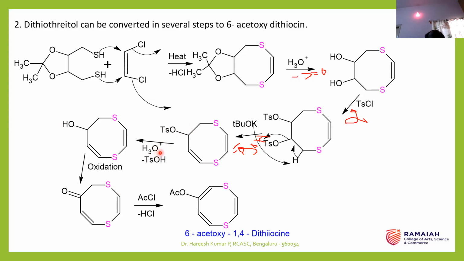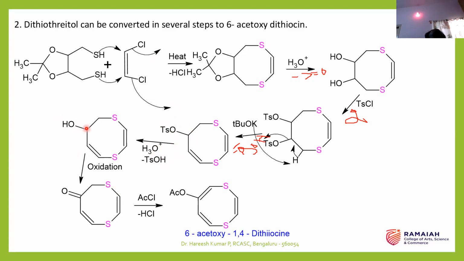The acid source may be HCl in water, sulfuric acid in water, or acetic acid, which can cleave this O-sulfonyl group. So the obtained one is an alcohol. And you know that primary alcohol on oxidation gives aldehyde.